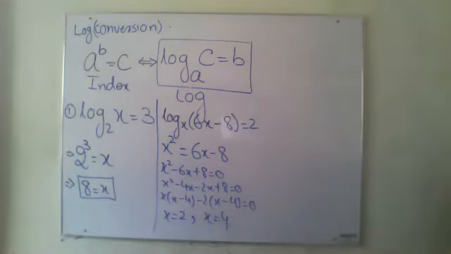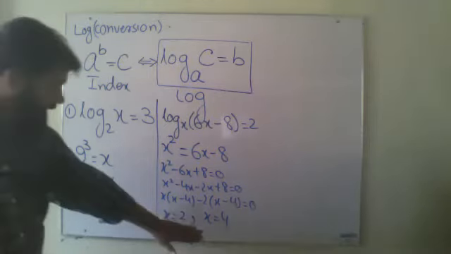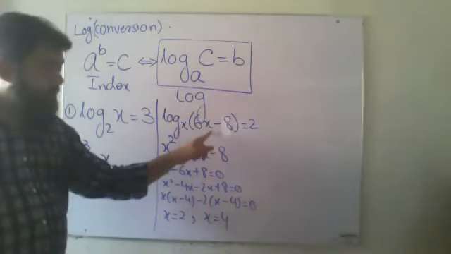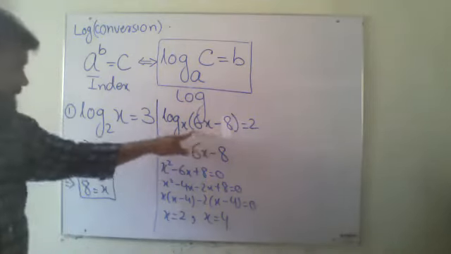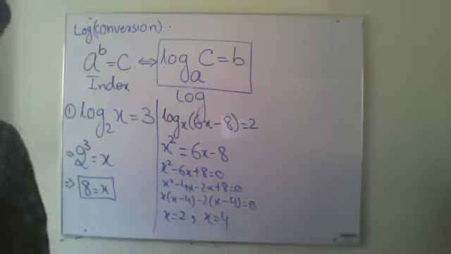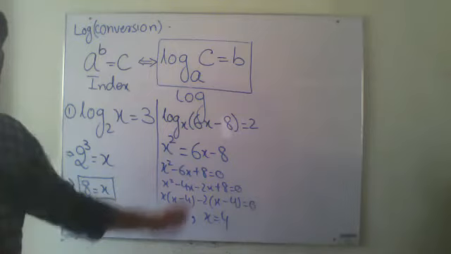Now how can I identify which is the correct answer and which is the wrong answer? Take these values and put them into the multiple. If the multiple remains positive, it means the values are applicable.